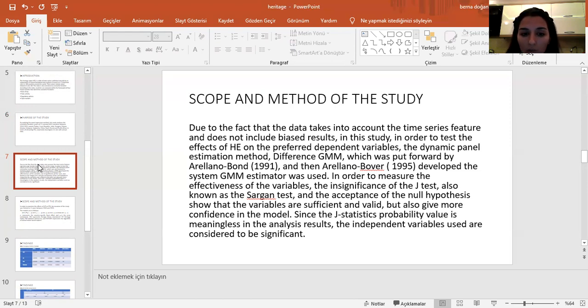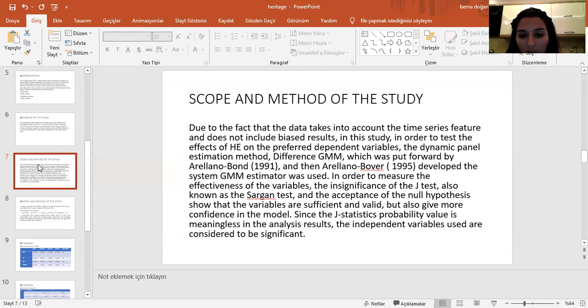In order to measure the validity of the variables, the insignificance of the J-test, also known as the Sargan test, and the acceptance of the null hypothesis show that the variables are sufficient and valid, and also give more confidence in the model.